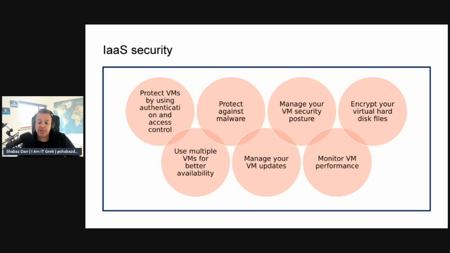Let's talk a little bit about managing VM updates now. Very, very important. Azure VMs, like on-premises VMs, essentially are meant to be user managed. Azure doesn't push Windows updates to them, so you need to manage it as a consumer. And you can use things like Update Management within Azure.